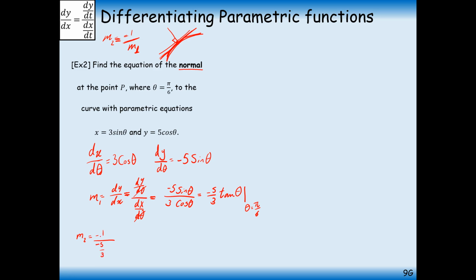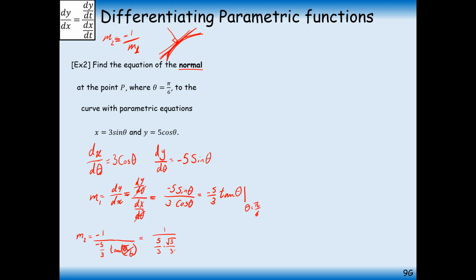So I can see already the negatives will cancel away, and for tan theta here, we can substitute pi over 6. If I use my calculator, tan of pi over 6 is root 3 over 3, so we have 1 over 5 over 3 times root 3 over 3 here.